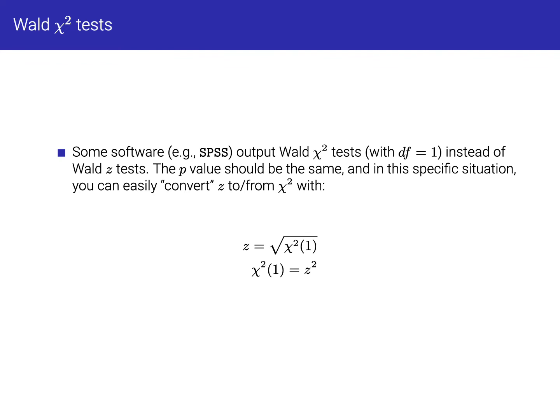So it doesn't really matter, you should get the same p-value anyway, but that may explain some inconsistencies that may appear between software, that some software compute Wald chi-square tests as opposed to Wald z tests. It doesn't change the interpretation, nor should it change the p-value.